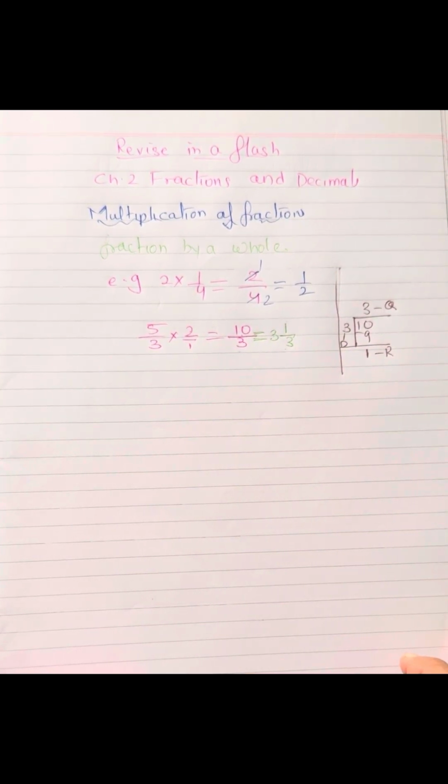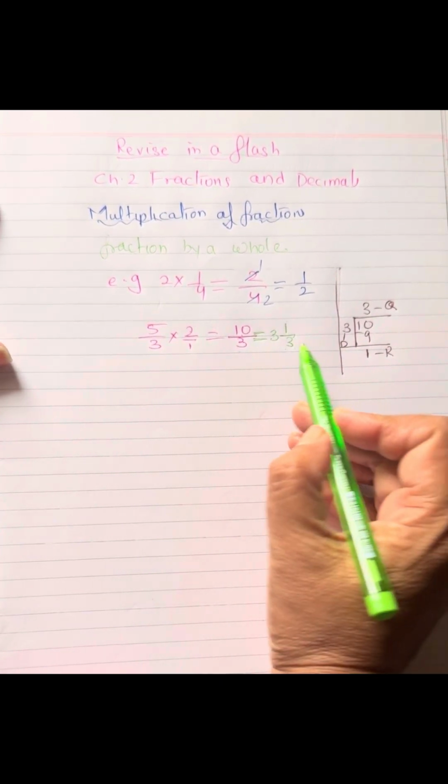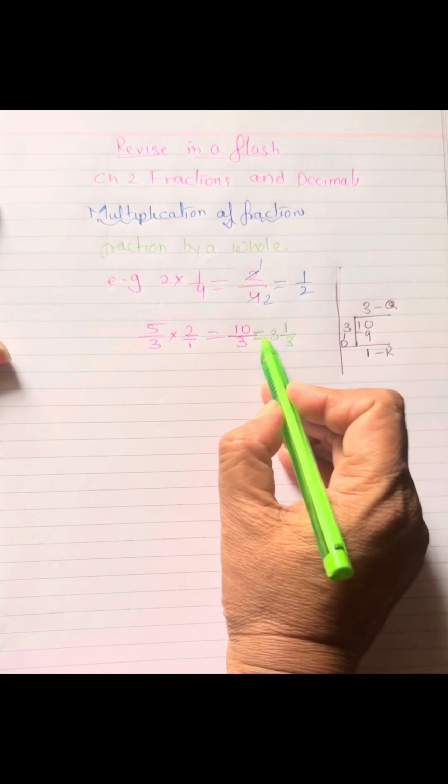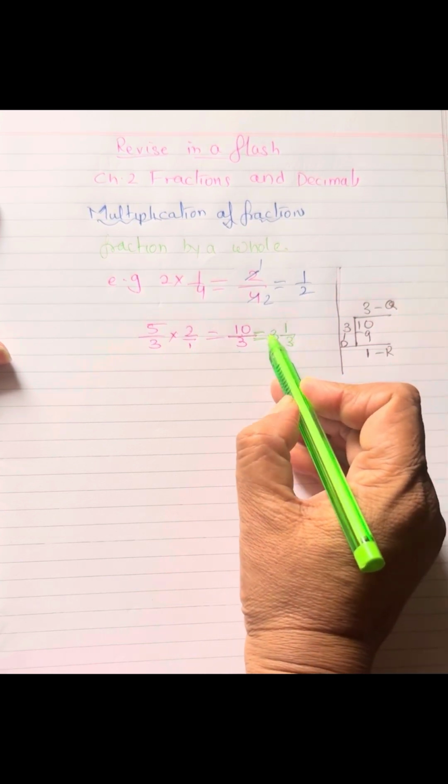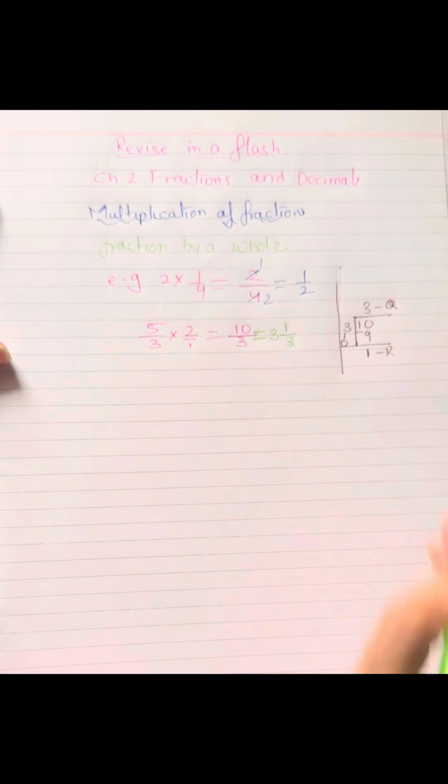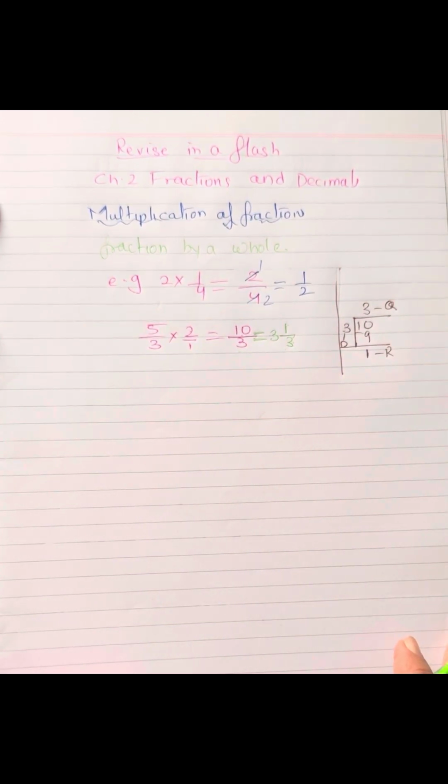Okay, so these are some tricks you can remember. If you want, you can even cross check that 3 threes are 9 plus 1, 10. So 10 upon 3. So your answer is 3 whole 1 upon 3. So two things you need to remember: if the answer is a proper fraction, always write the reduced form in exam. And if it is an improper fraction, convert it into mixed fraction.